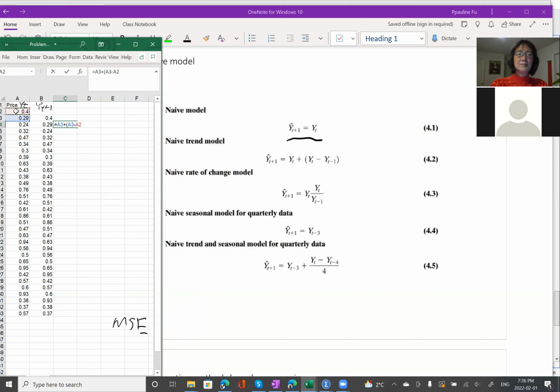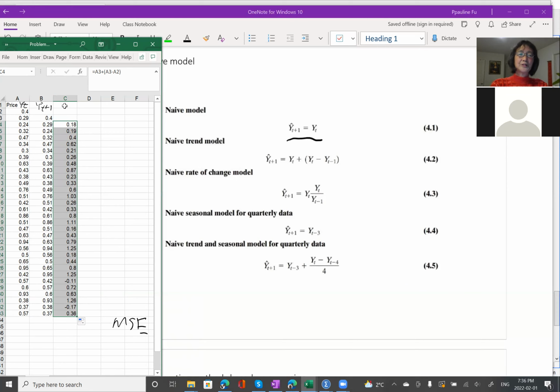A2 is YT-1. Okay, and then you fill the data out. So this is formula 4.2. That is a naive trend model.